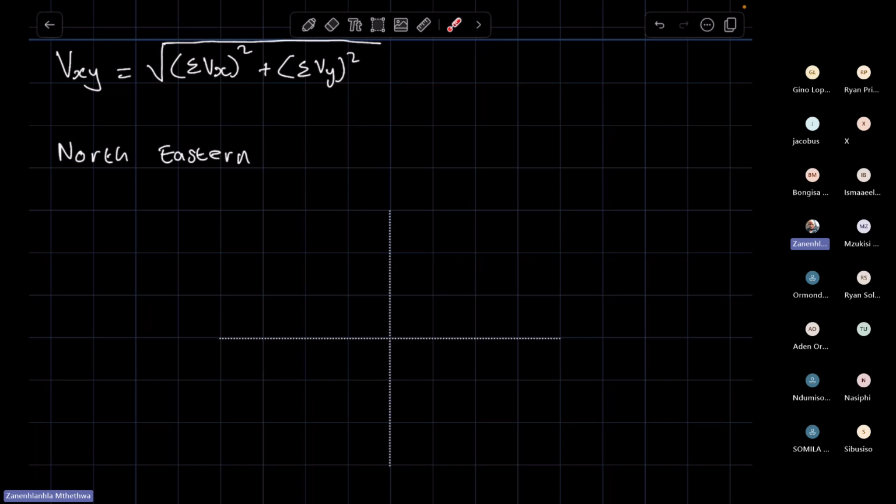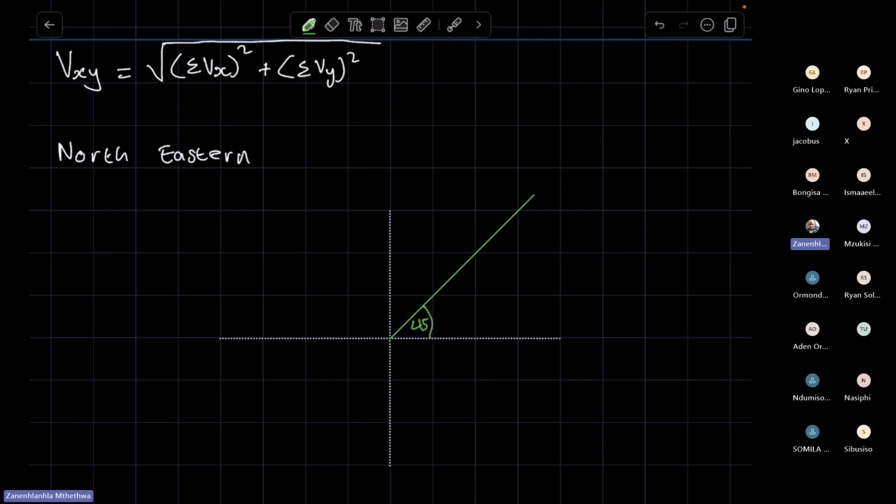If you think about it, that would be in the middle between east and north. Hence, this angle would be what? Would be 45 degrees, right? If you think about it. Do you see what I'm saying?